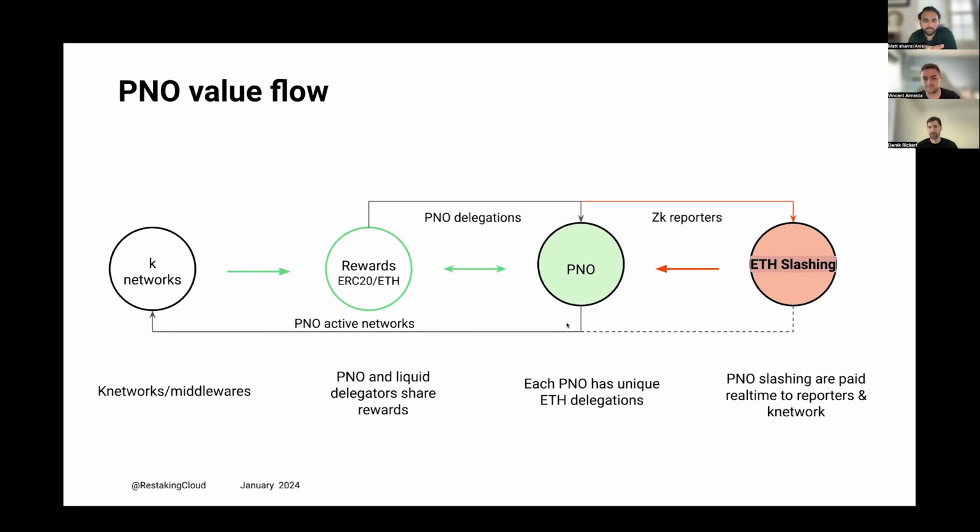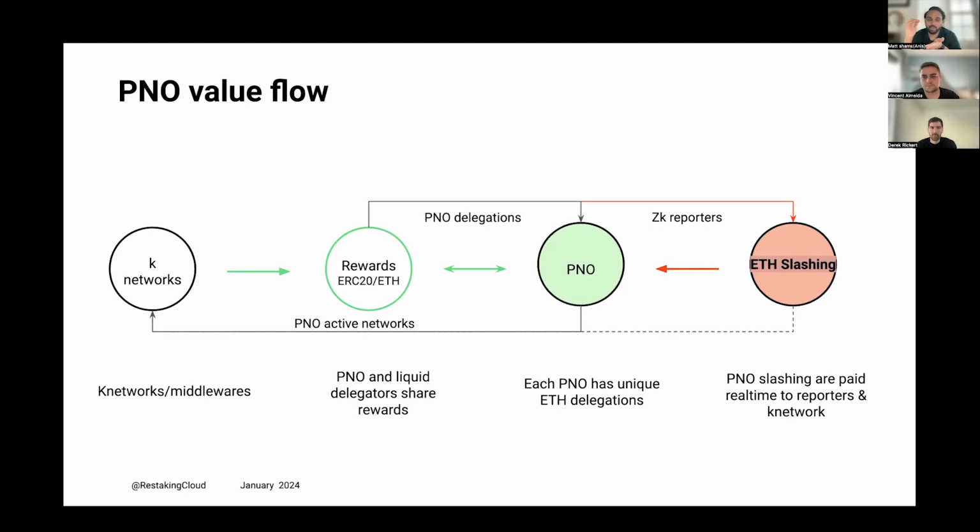So in the value flow, you have these stakeholders, right? The K networks, who actually want a preferred node operator service, and the preferred node operators. P&O is short for preferred node operator. A K network, as we said before, could be 100 or 1 or 10 or 1,000, an arbitrary number.